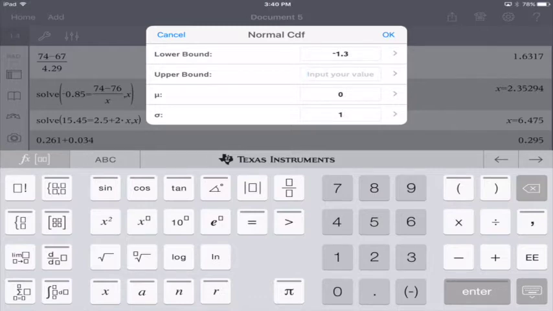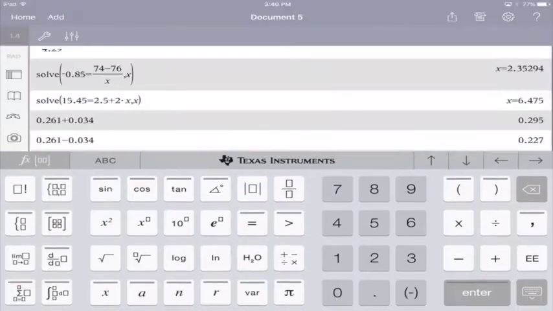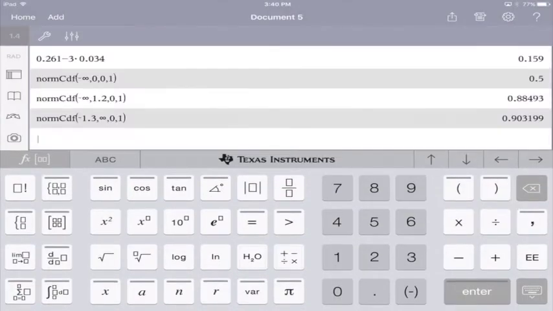We'll practice this in class. Again, mine's going to look different than yours. But you have to practice the button pushing yourself. This is where people get tripped up. They know how to do everything. They forget how to push the buttons. Just practice it and you'll get it. So this is 0.903.